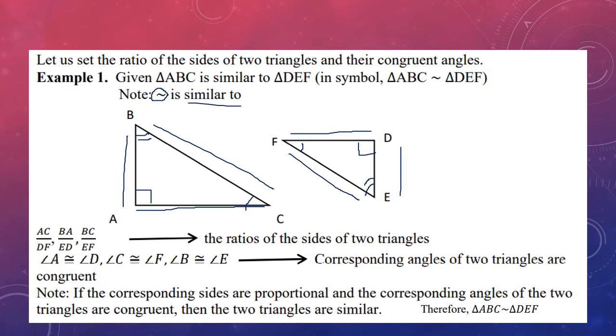Okay? Then the second condition is that corresponding sides are proportional. For example, BC and FE. BC and FE have the same shape. Although the length of BC is longer than EF, they still form the same way. Okay?